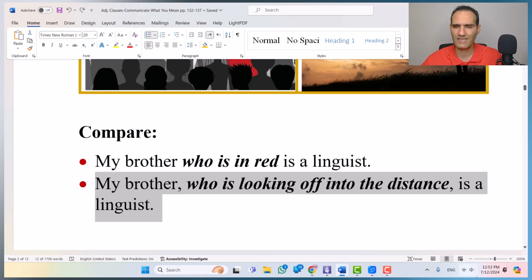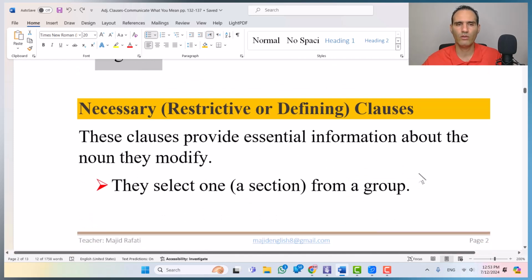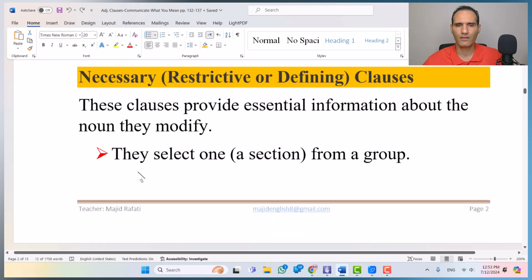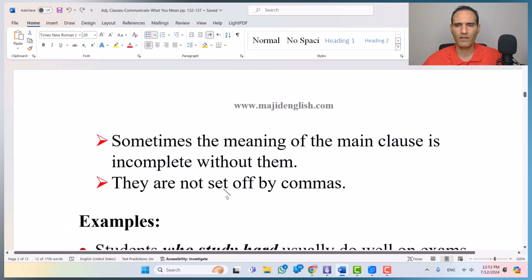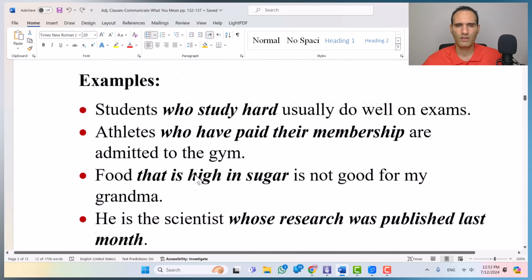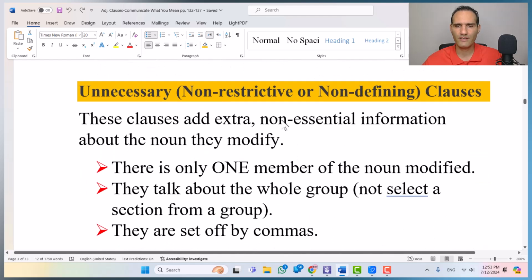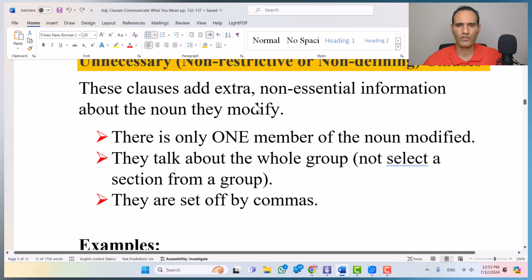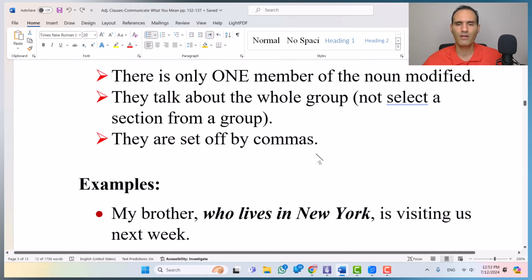So we are not separating a part from the whole. Necessary, here I told you about them. They come without commas. Examples we talked about. Unnecessary adjective clauses, they add extra information. They are talking about the whole group or just there is one member, like the Elvis Presley examples, and they are set off by commas.